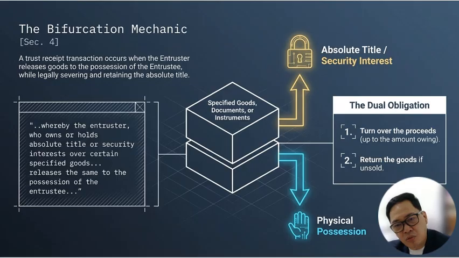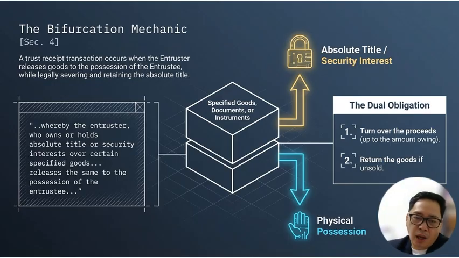So finally, Section 4 creates a jurisdictional bifurcation to distinguish genuine trust receipt transactions from ordinary sales. So, covered by the decree, a true trust receipt transaction involves a financier, the entrustor, who releases goods to an entrustee strictly for the purposes outlined above, supported by assigned trust receipts.